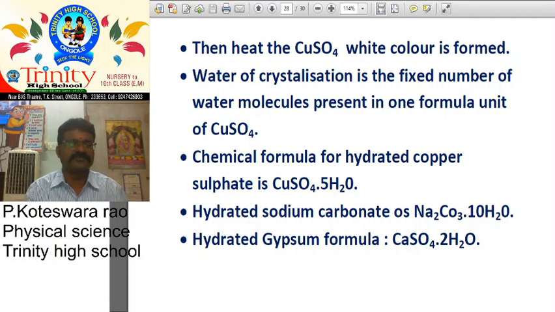It doesn't consist of water molecules. Hydrated means water. Anhydrous means there is no water. Then what is the color of anhydrous copper sulfate? Anybody? White. What is the color of hydrated copper sulfate? Blue.